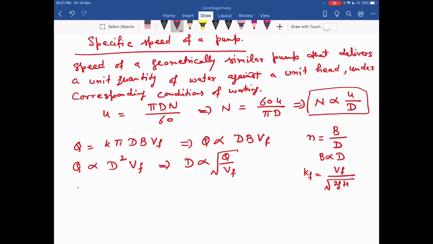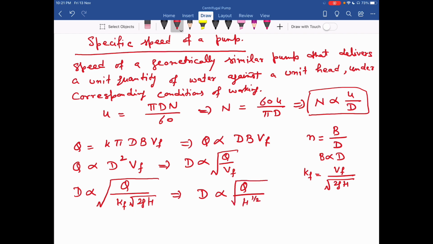Now further I have the flow ratio, that is Vf divided by the square root of 2gH. So D is proportional to Q upon Kf times the square root of 2gH, all under root. When I solve this, D is proportional to the square root of Q divided by H raised to the power 1 by 2.